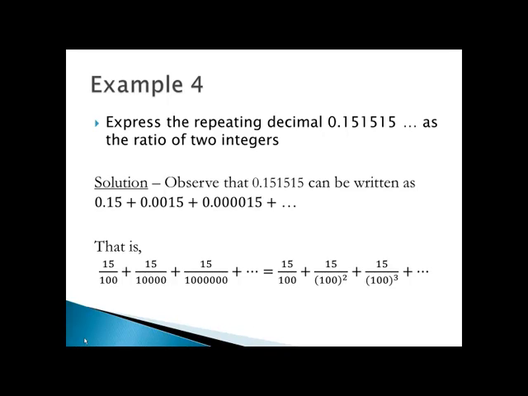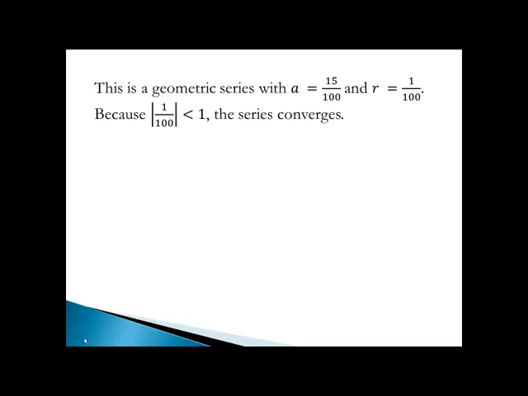Well, that's the same as 15 over 100 plus 15 over 100 squared plus 15 over 100 cubed, and so on. So this too is a geometric series with the first term equal to 15 over 100 and the ratio r equal to 1 over 100. To get from one term to the next, I multiply by 1 over 100.